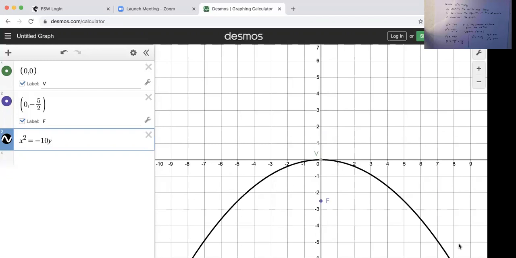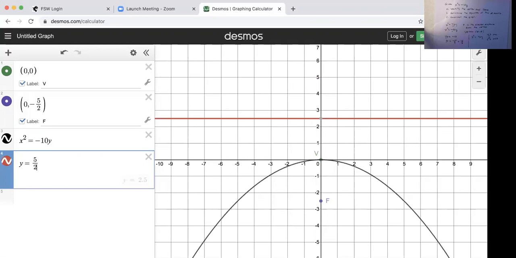Now, the parabola is a set of points equidistant from the focus and the directrix. So this is 2.5 away here. I need to go 2.5 that way. So 2.5 that way would be through this point. A horizontal line would be at y equals 5 halves. That will be our directrix.